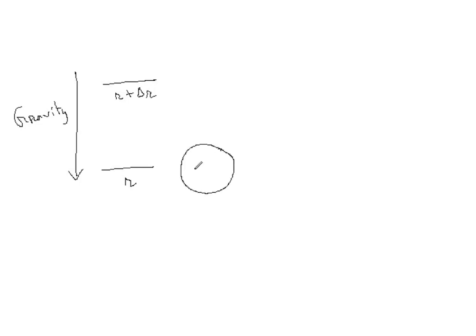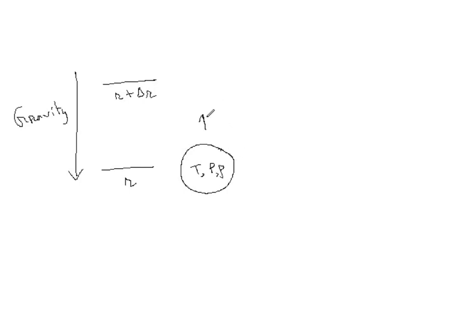So let me show you again. This is gravity downwards, and this is at radius r, and this is at radius r plus delta r, and here again we have the blob, temperature T, pressure P, density rho.